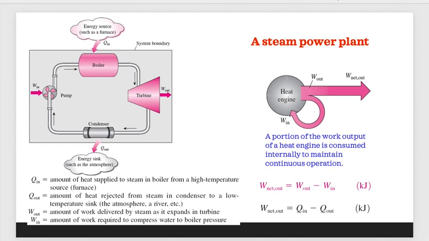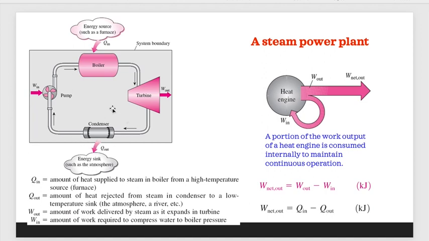Next we go to the steam power plant. Here we can see Q in. In the boiler, Q in means the amount of heat supplied to the steam in the boiler from a high temperature source.